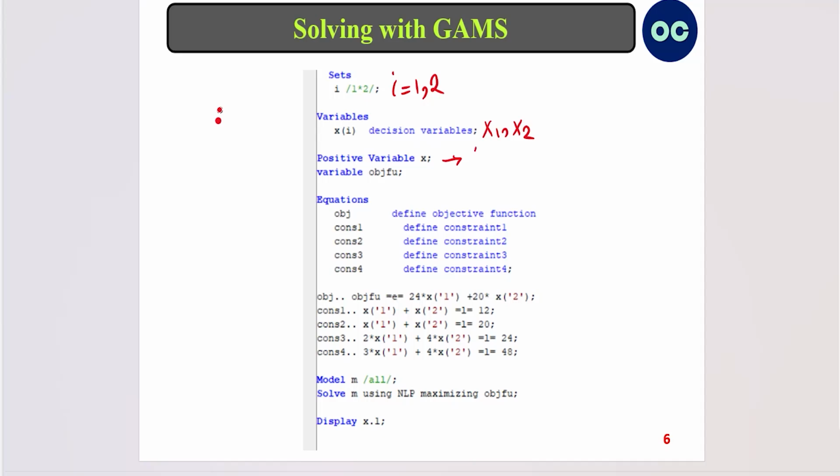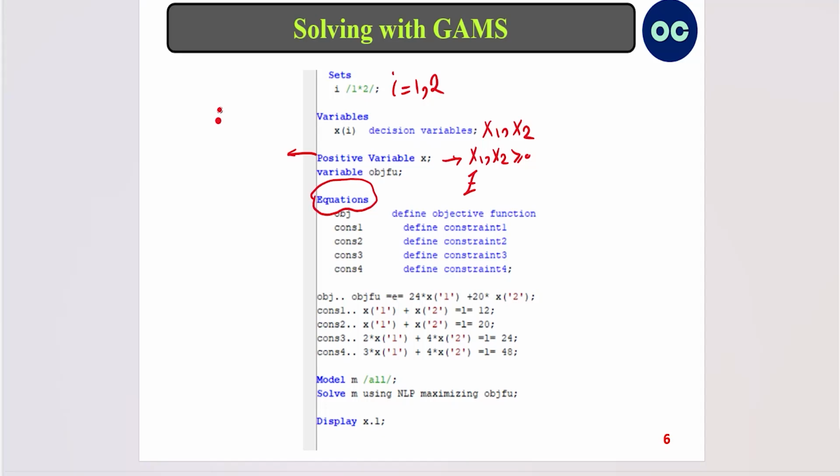We know that x1 and x2 are non-negative, or positive, here. Z is free in sign, so we just write variable objfu. We have one objective function, and for the constraints, we specify the objective function and constraints in the equation section here.